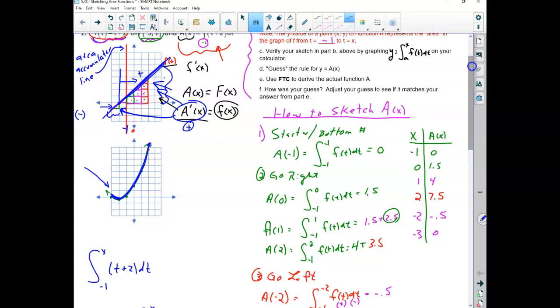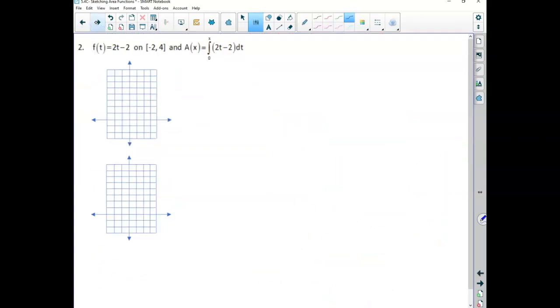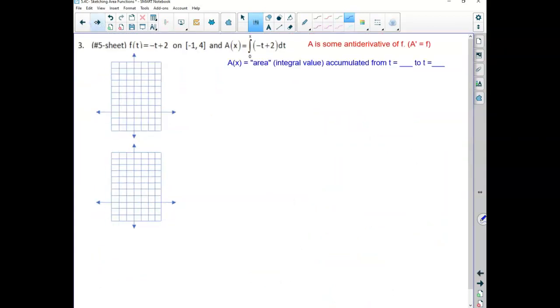So what we're going to do is try another one here. We're going to skip that one and go to number 5 on the sheet, and we're going to write an integral value accumulated from 0 to t equals x. We're not going to follow all of the rules that we just did; we're just going to graph them.